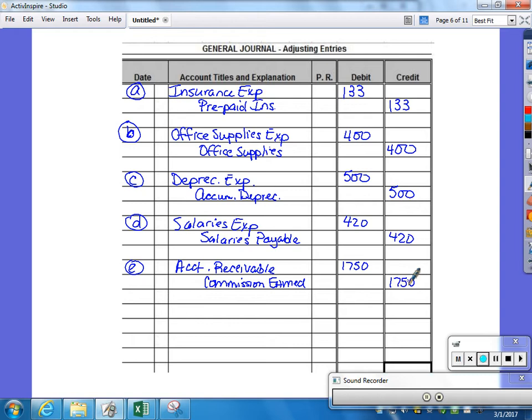So these are all the adjusting entries that we had. At this point, we have to go back and correct what before we can do an adjusted trial balance? The T accounts, right? Because some of them changed. Do you have this before I go back a couple of slides?